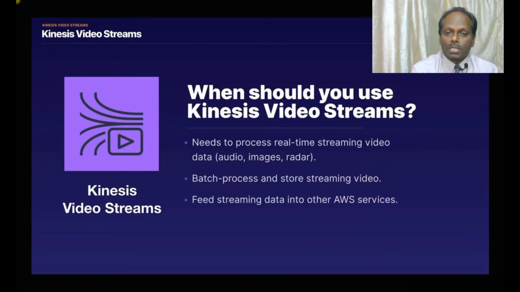So when should I use Kinesis Video Streams? When you need to process real-time streaming video data, do batch processing to store streaming video, or feed streaming data into various other services.